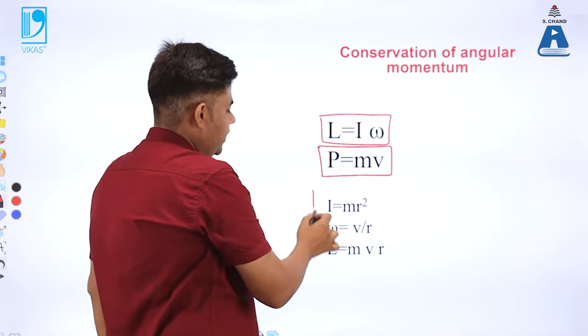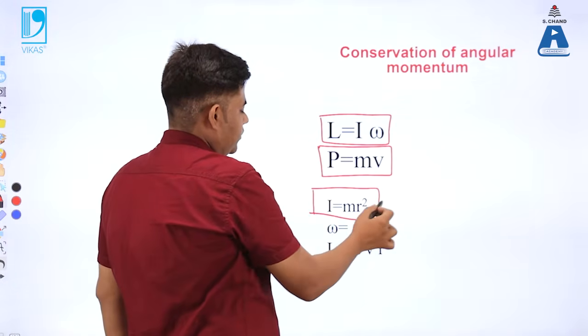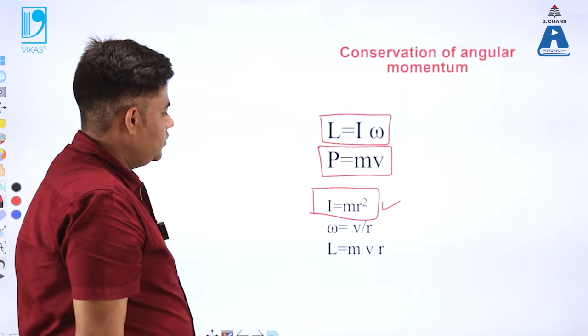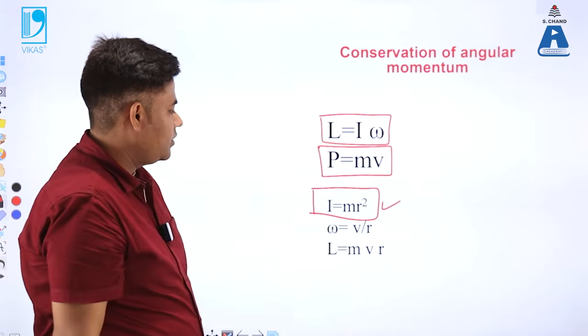In general, the moment of inertia has the formula I equals m r squared, and omega is V by R generally.